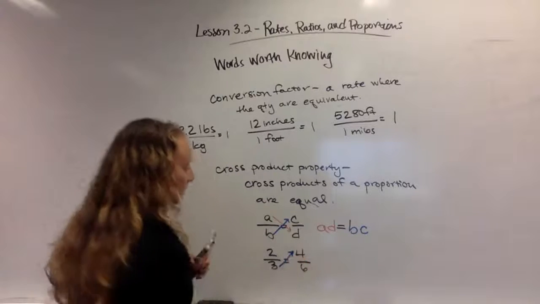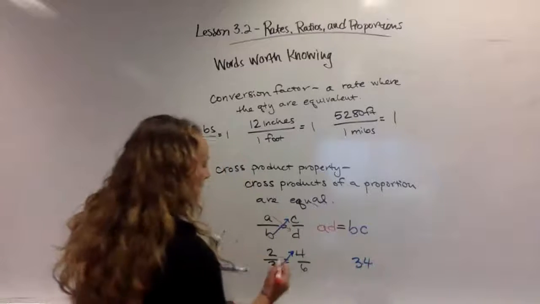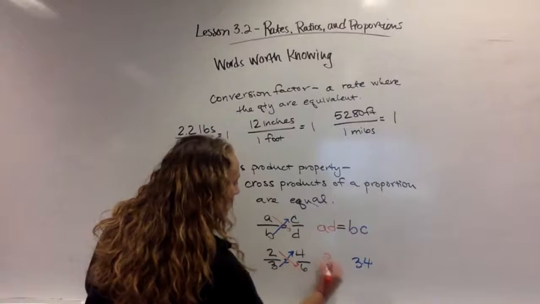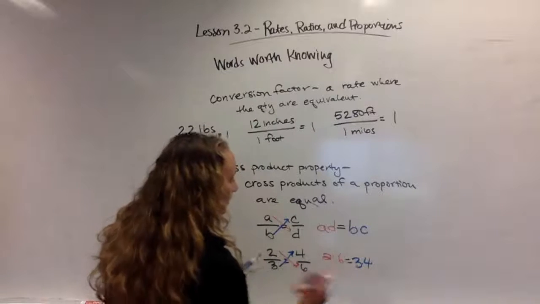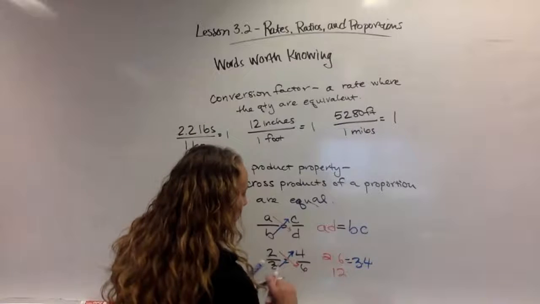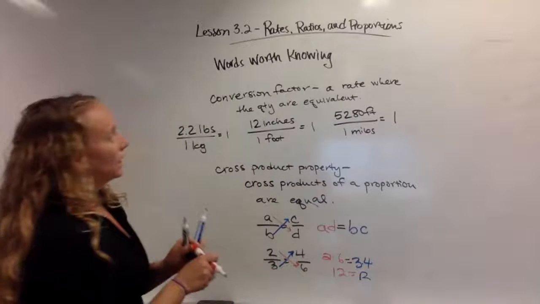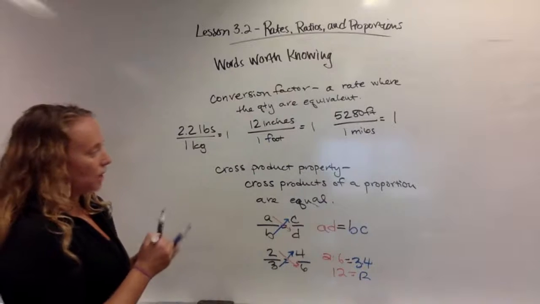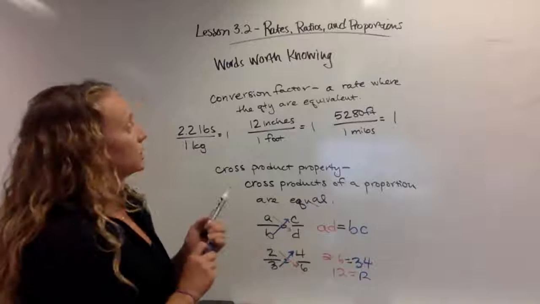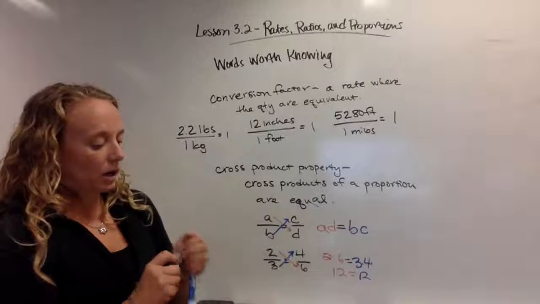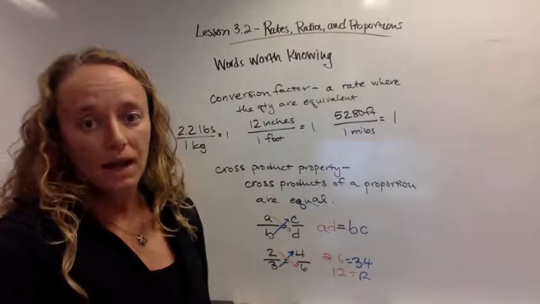So the cross product property tells me that 3 times 4 is equal to 2 times 6. 2 times 6 is equal to 12. 3 times 4 is equal to 12. So that essentially shows us that the cross product property works. Cool? It's a nice way to deal with proportions. We're going to look at this more when we get to our third video for this lesson.